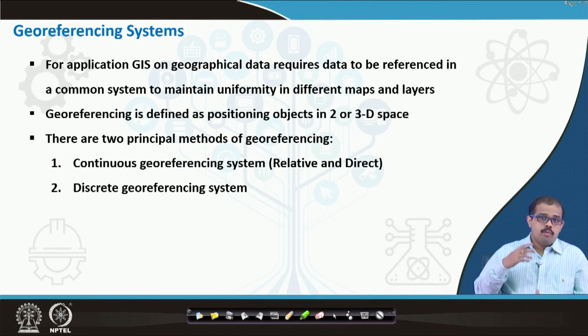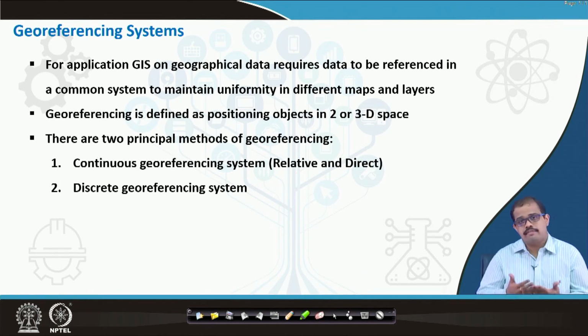Now, once we have understood what a query is, we will do certain queries when we look at the database functions in a software. First we will take up a system and show you how you georeference a particular file, then how you add attributes to a particular file, then if you want to do certain analysis inside the attribute table, how you do it, then how you retrieve that information, how you show it as thematic data, and how you query thematic data.